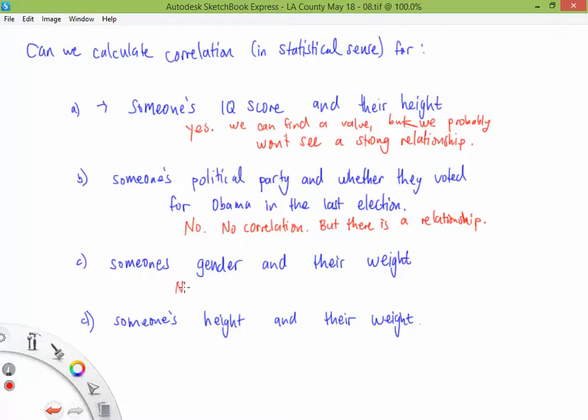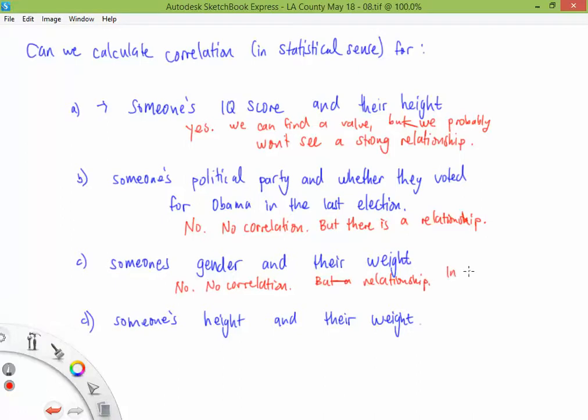No. Again, not in the statistical sense. So no correlation here. But is there a relationship between gender and weight? Yes, in general, men weigh more than women. On average, I should say. No correlation, but a relationship.